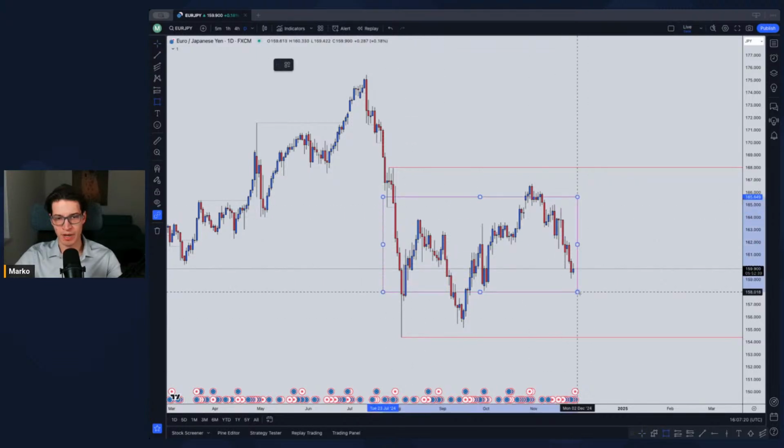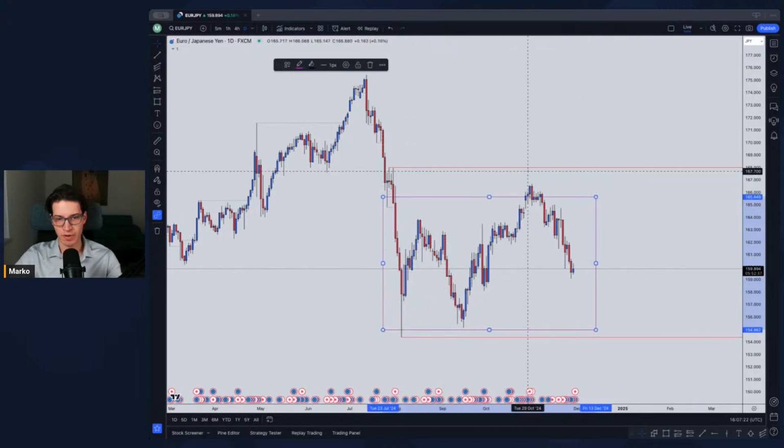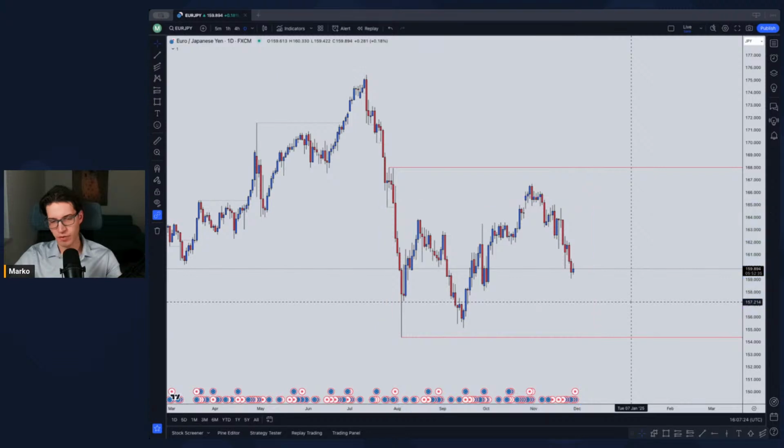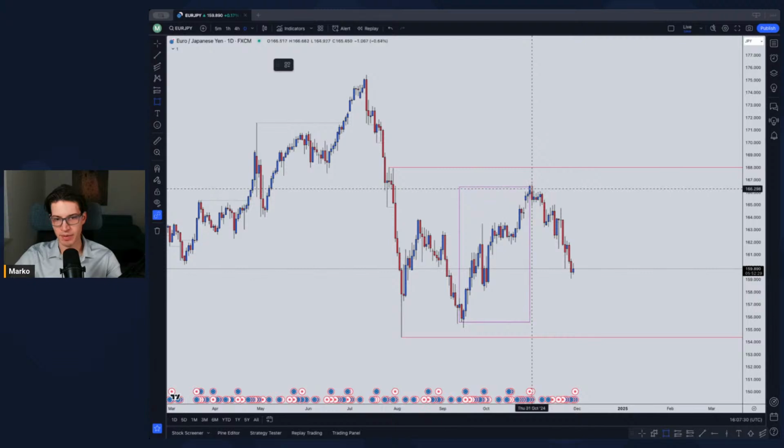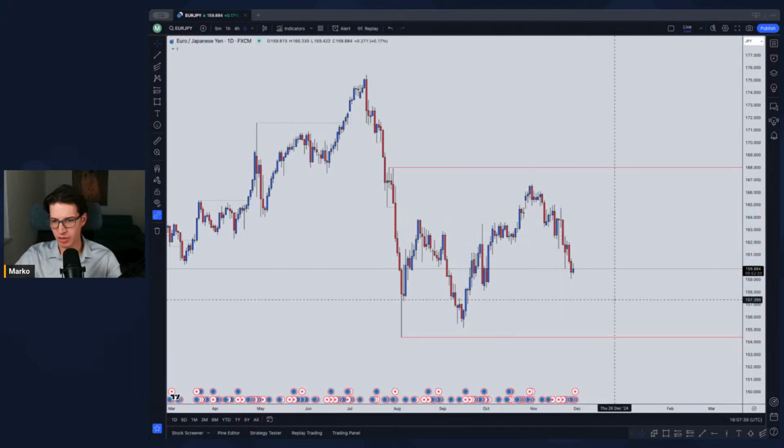Overall, we're just bouncing around from the bottom of this range to the top. But if you're a trend trader on the 1 hour chart, you could be making some percentage in this move up, for example, and in this move down. That is definitely an option.